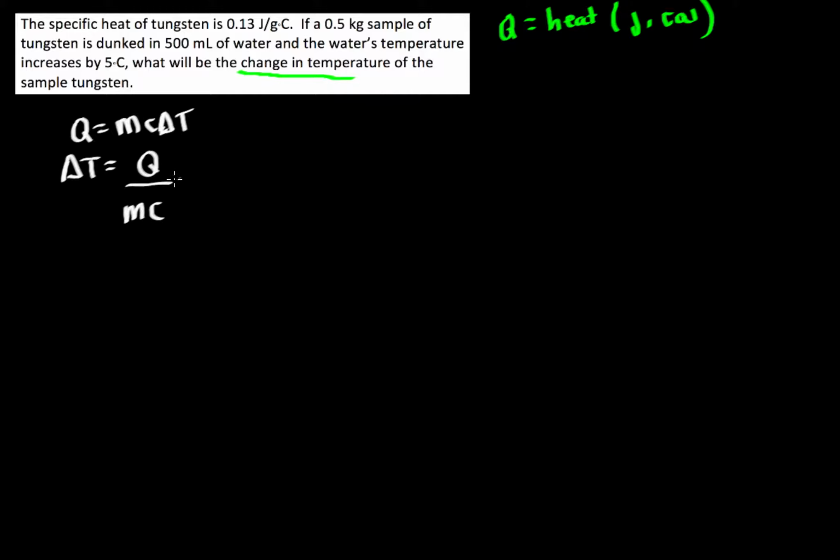So nowhere in the problem are we told a Q value. However, we do know mass, which is given to us over here. The only thing is we do have to convert that to grams because our specific heat capacity uses grams.